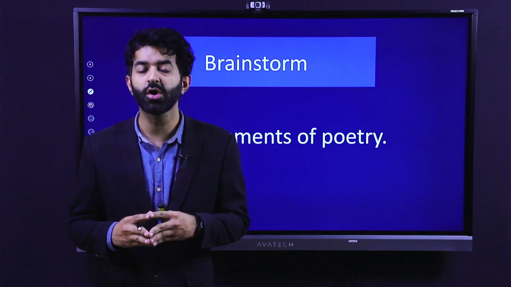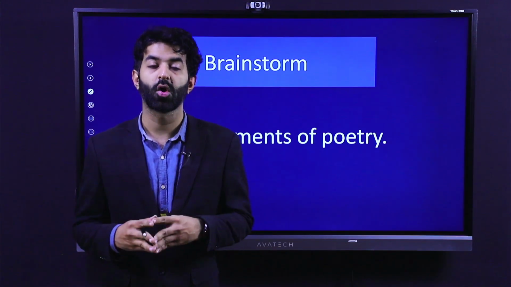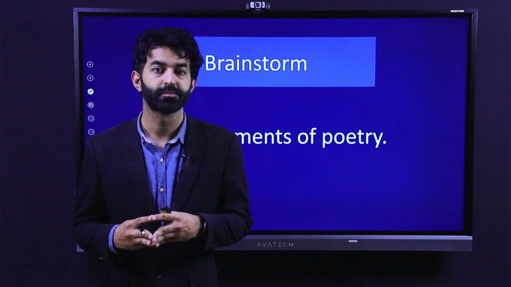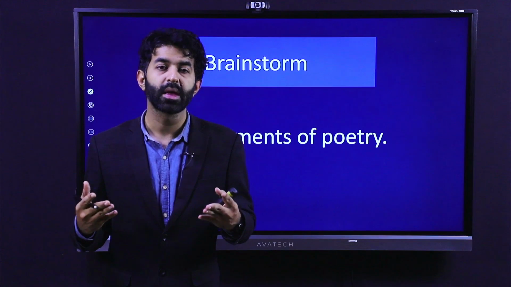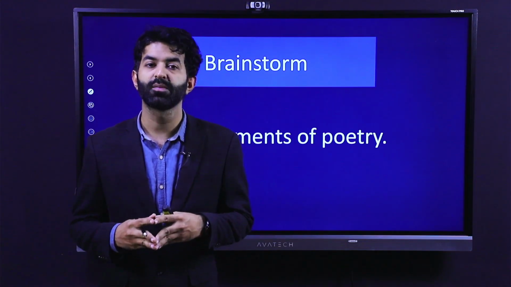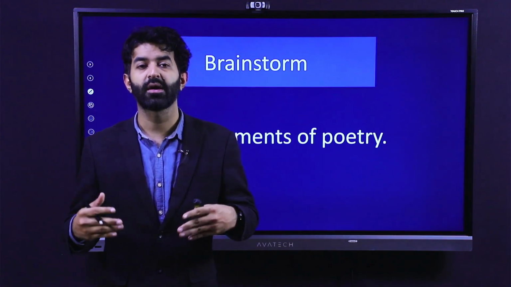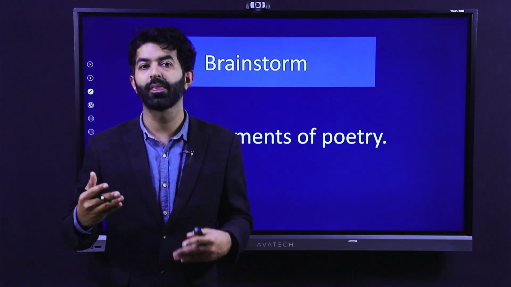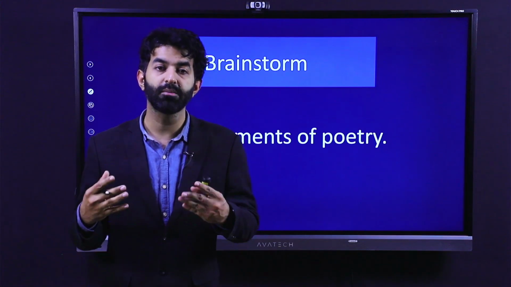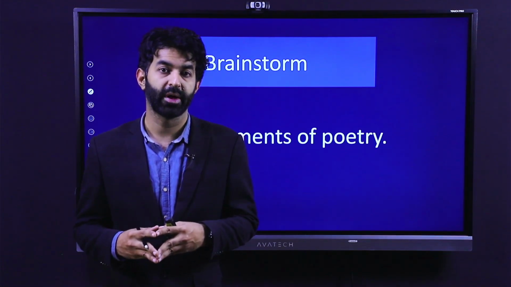Now, students, I want you to recall whatever we have learned about poems or poetry. Let's see what a poem is made up of. A poem has different elements. It is made up of different stanzas that are made up of different verses, and the verses can be in a pattern, in a rhythm, and you can find a rhyme scheme as well.